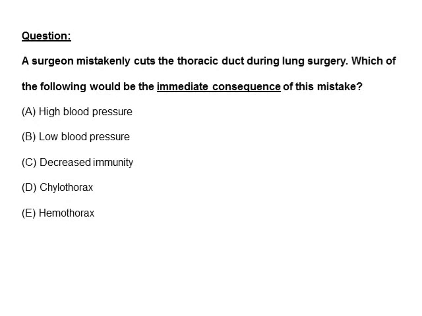What will happen immediately if this mistake is done? High blood pressure, low blood pressure, decreased immunity, chylothorax, or hemothorax? And the correct answer for this question is chylothorax. Chylothorax, that means there is lymph or chyle in the thoracic cavity due to cutting of the thoracic duct.